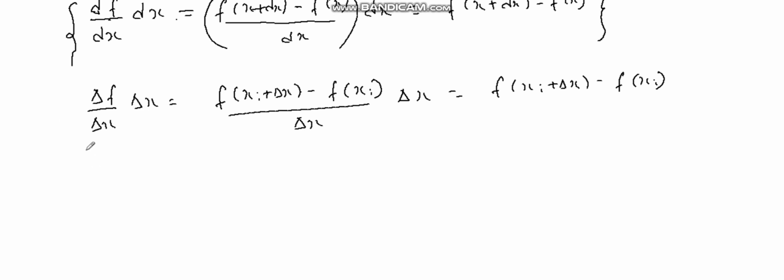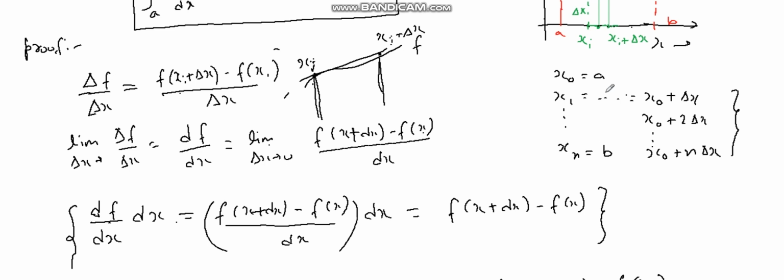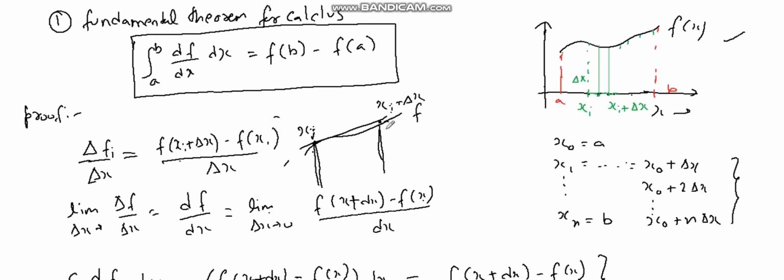Now we take the summation of all the terms. Obviously this is going to be delta fi, because delta fi will be different for different locations of x.